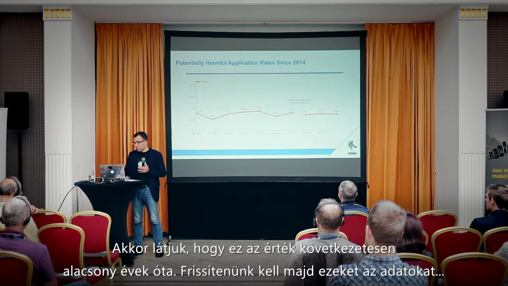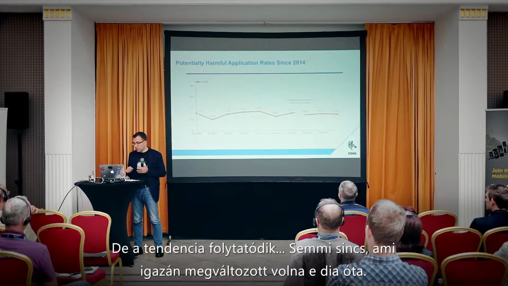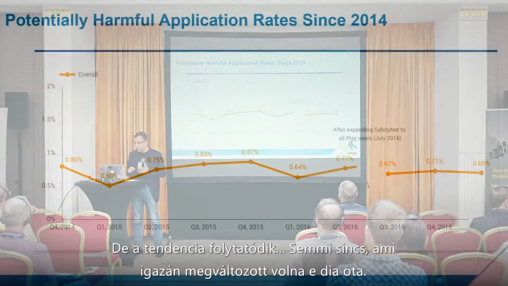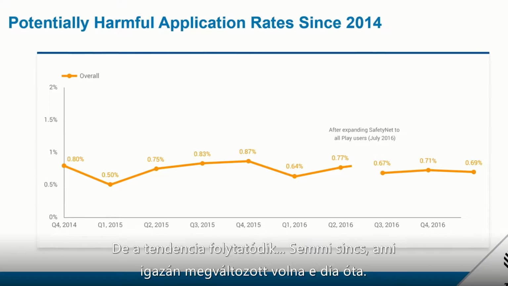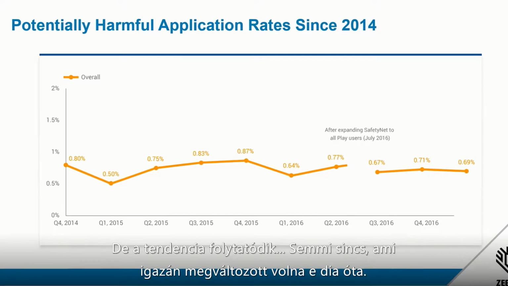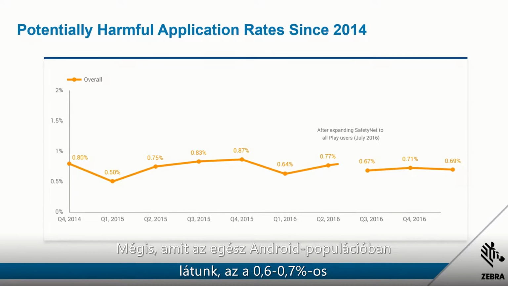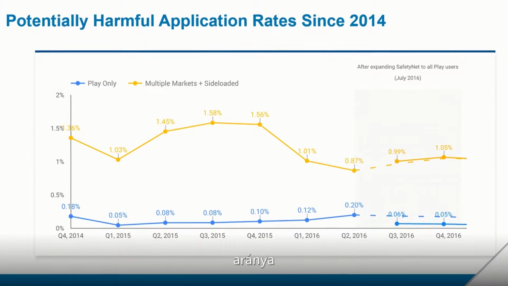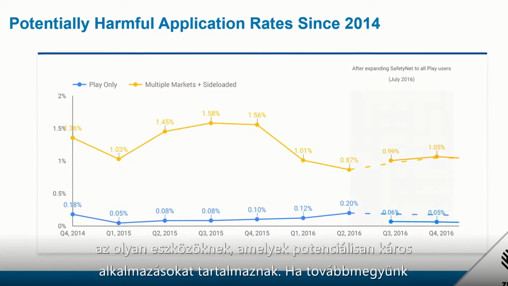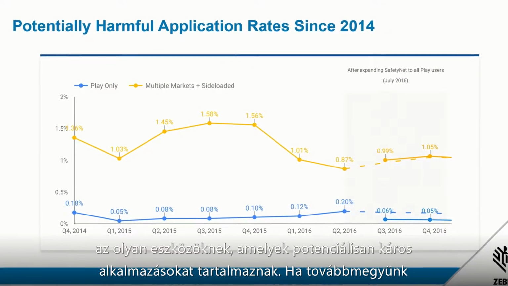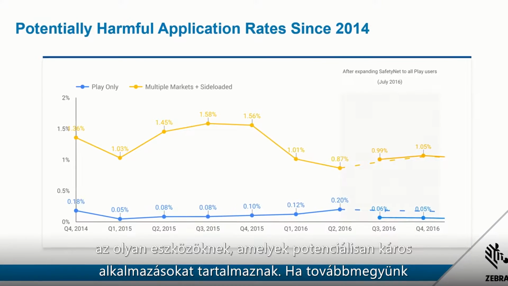It's continuing on this trend. There's nothing that's really changed since this slide. But what you're seeing across the entire Android population is a 0.69, 0.7% rate of devices that have potentially harmful applications.